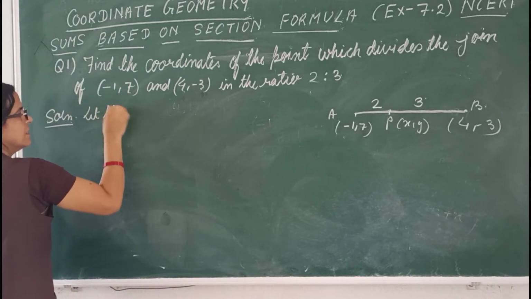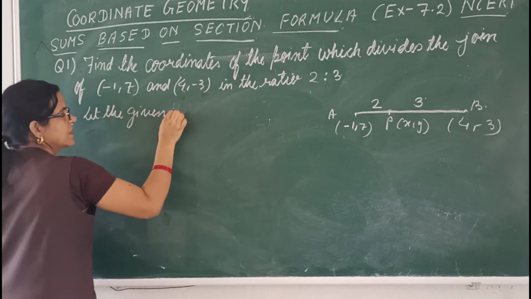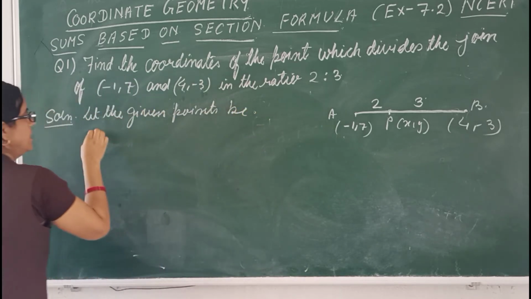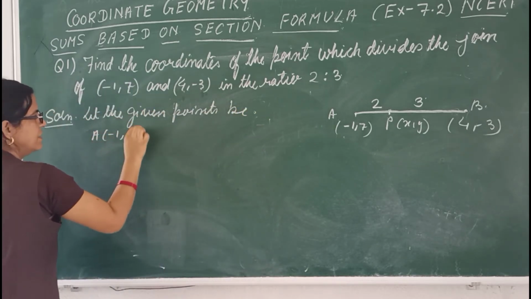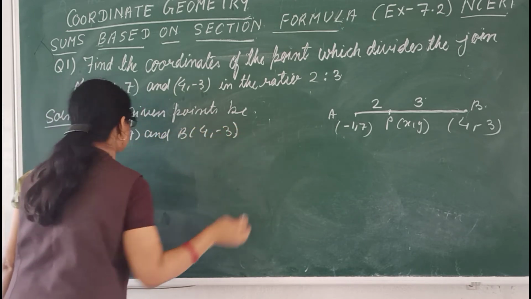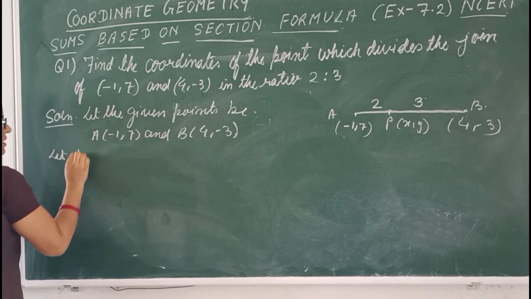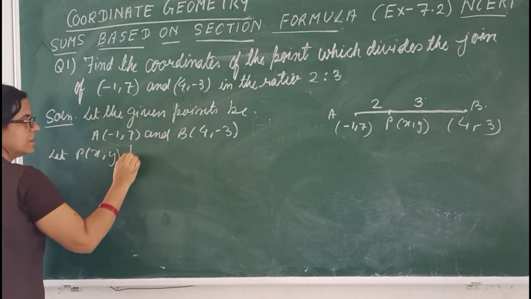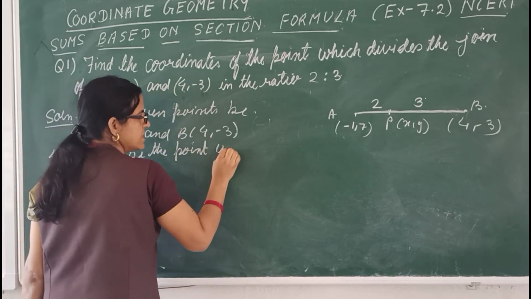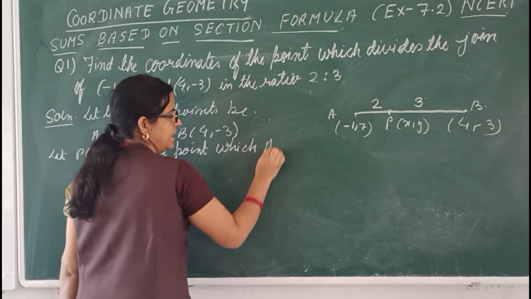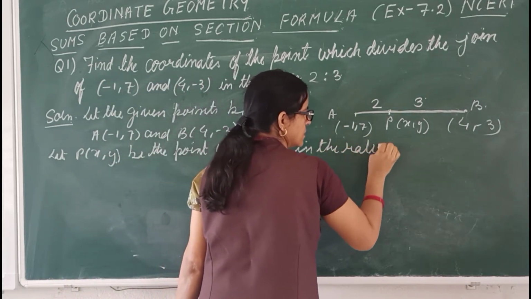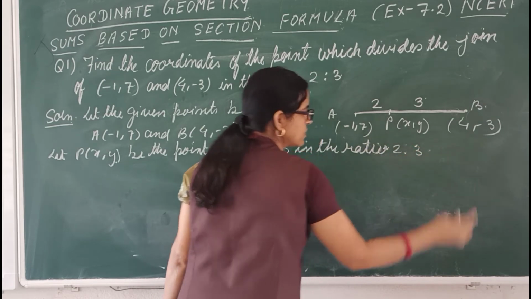Let the given points be A(-1, 7) and B(4, -3). Let P(x, y) be the point which divides AB in the ratio 2 is to 3.